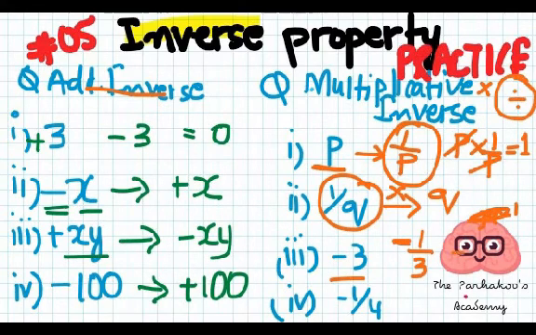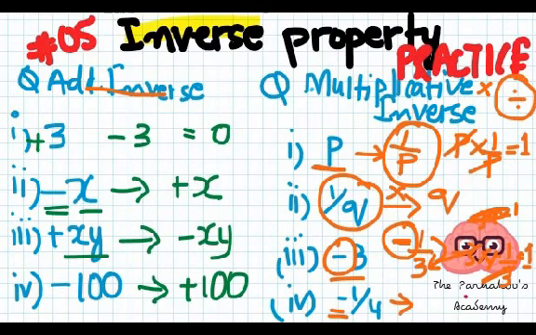So when you process them, negative 3 into negative 1 upon 3, 3 and negative 3 would nullify each other and you will be left with 1. Remember, here the sign would remain the same, only it would get reciprocal. So for negative 1 upon 4, the multiplicative inverse would be negative 4.